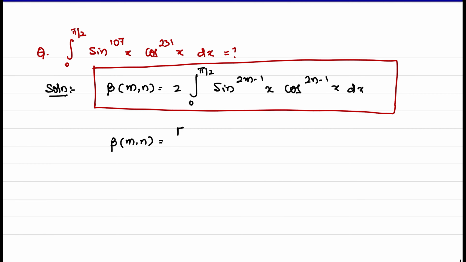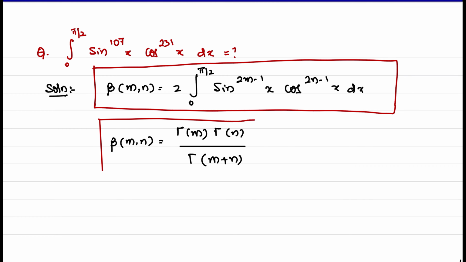It is gamma m into gamma n whole divided by gamma (m plus n). This is another equation or relation which we are going to use. This is 1, this is 2. Please remember this. And another one what we are going to use?